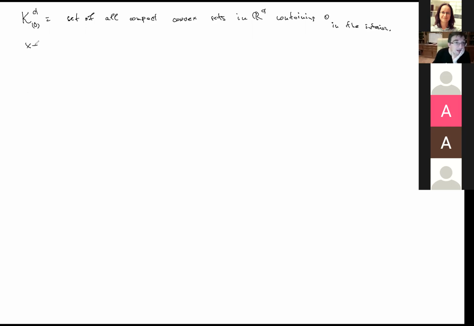Okay, X plus L is a translate. So this is by definition the set of all X plus Y where Y in L. L check or minus L, this is a symmetric set. So this is a set of minus X such that X in L. And dL is the topological boundary.